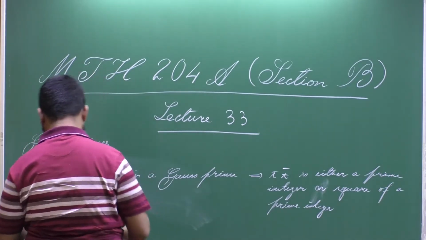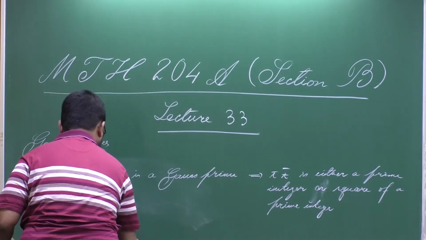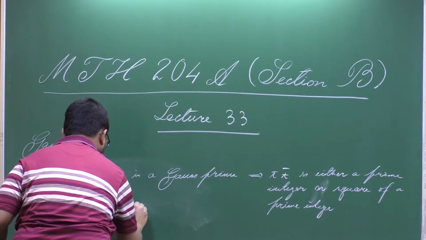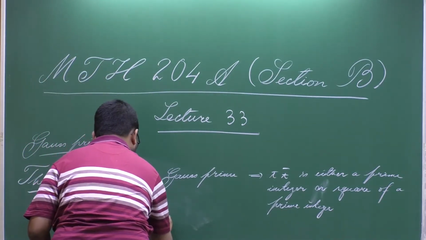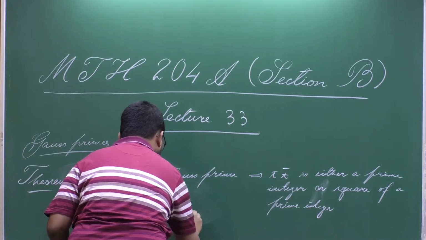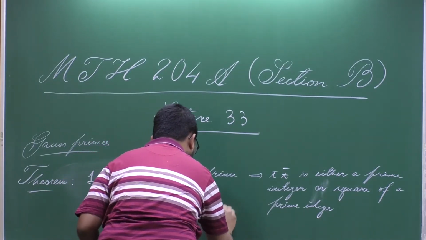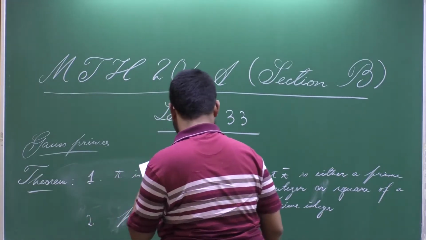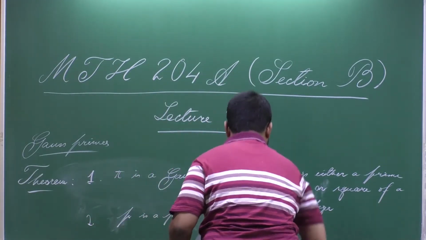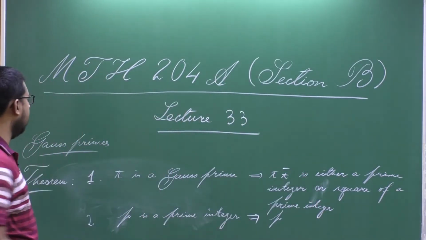Now we will show perhaps the first answer to the question we are dealing with. Suppose p is a prime integer. Then we can view p inside Z[i] as well.